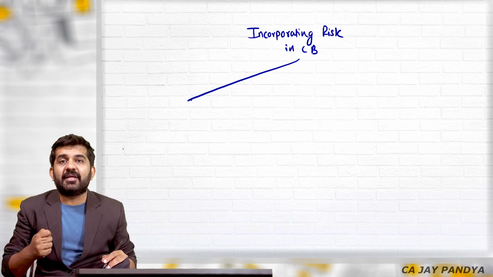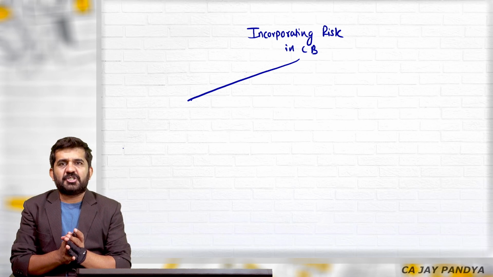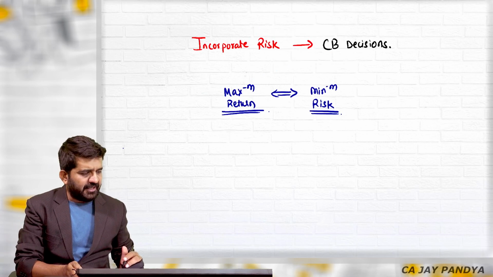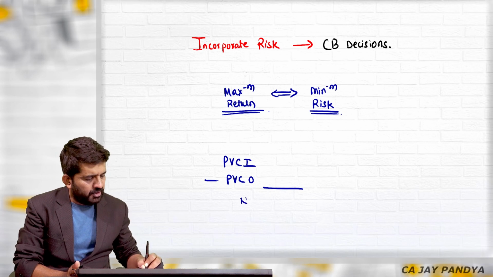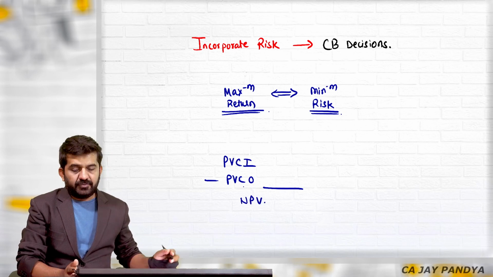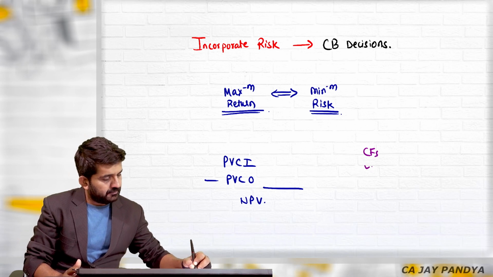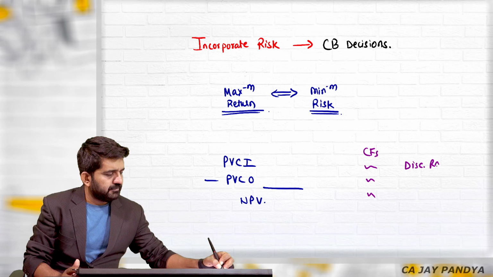Either we can incorporate risk into cash flow. How do we take a capital budgeting decision? Present value of cash inflow minus present value of cash outflow is NPV. I'm taking the basic method. So we have cash flows, and we will have a discount rate.